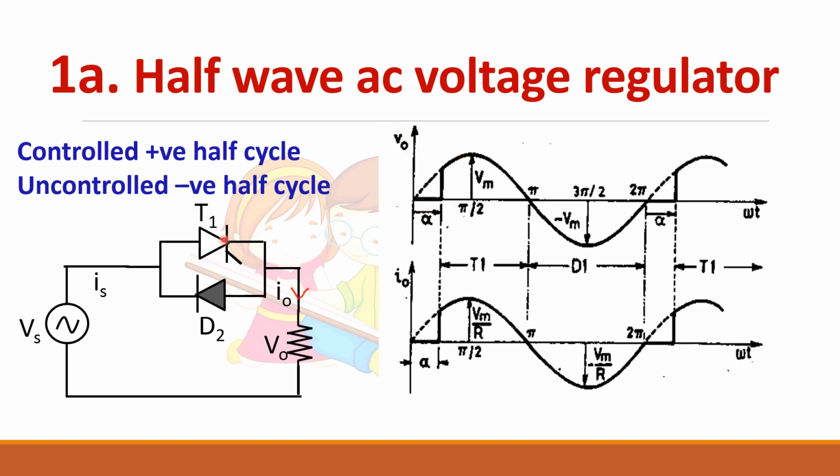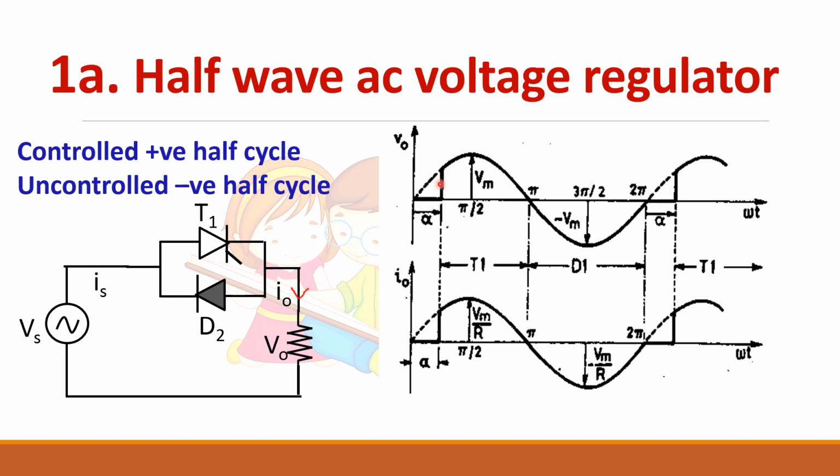During the positive half cycle, the thyristor will be forward biased and it will get turned on only when a gate pulse is given. That is the firing angle alpha.